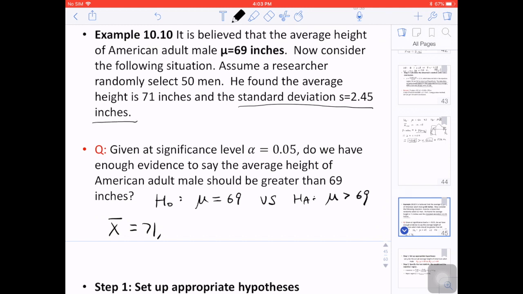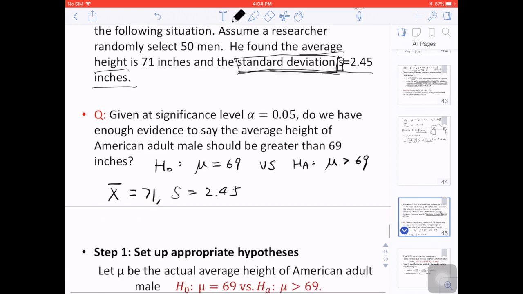Because the average height and the standard deviation are from the sample, these two are sample statistics, especially the second one. A lot of people would think this is the population standard deviation. It is not. It's from the sample, so it's the sample standard deviation, s, which is equal to 2.45.